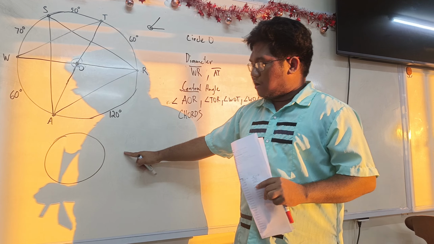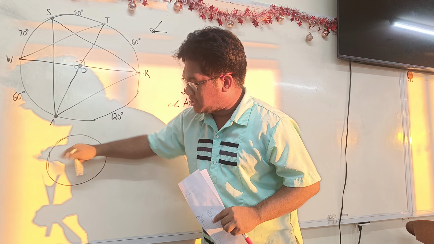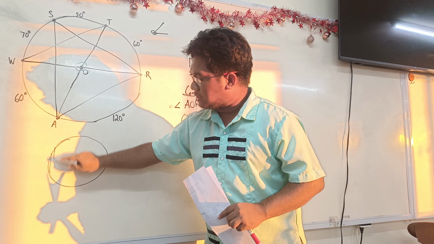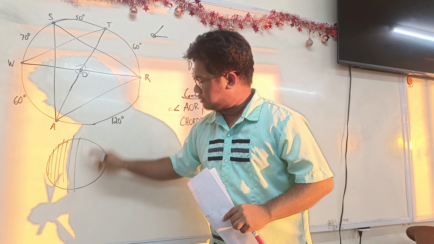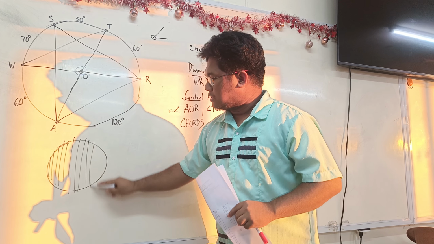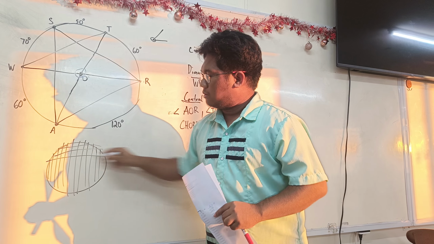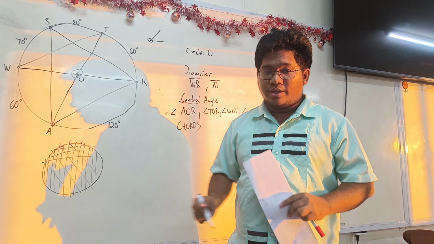Now, ang chord ko ay ganito. Ibig sabihin, kinonect niya itong dalawang point dito. So, lahat yan ay chord, as long as it connects 2 points na nasa circle natin. Pwede rin ganyan. Pwede pa ganito. So, lahat yan ay chord.